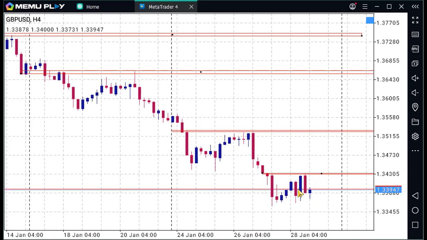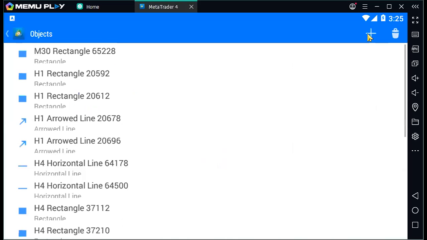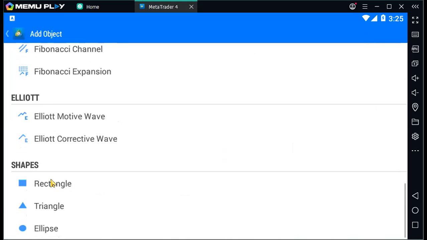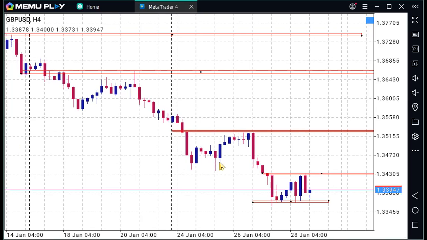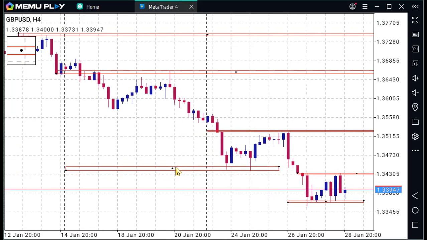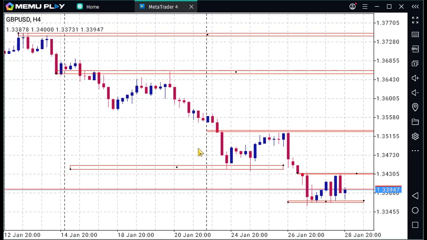You now mark this first place where the market is trying to push upwards. You mark that zone as your first support level. So let's see how we can mark our support. Put the supports to the left, if possible, so that you don't get confused. So we have a support here. The next support is at this point.